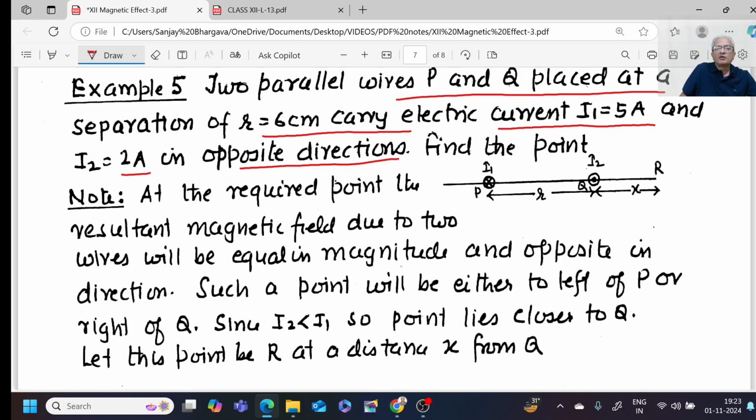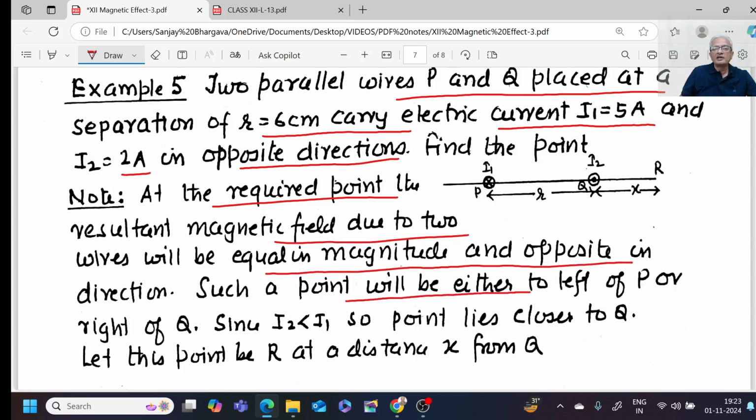Let us choose the 2 points P and Q. Let the point where the magnetic field is 0 be R at a distance x. At the required point, the resultant magnetic field due to two wires will be equal in magnitude and opposite in direction.